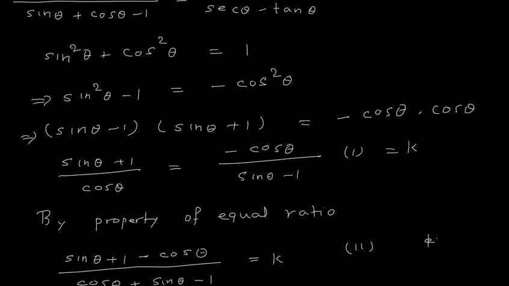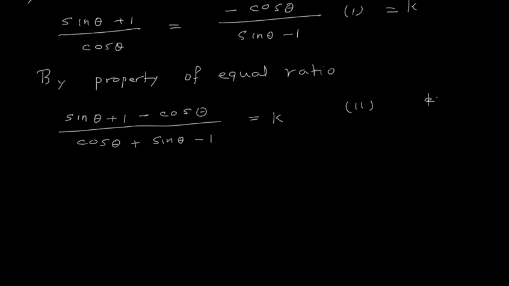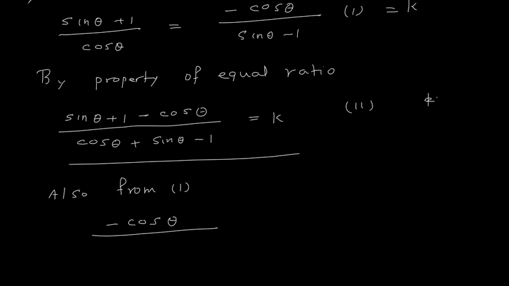Now on the right hand side we have seen that it is cos theta upon 1 minus sin theta. So this term is also equal to cos theta upon 1 minus sin theta, right? So this thing is k. Also, I will say that from 1, minus cos theta upon sin theta minus 1 is equal to k.